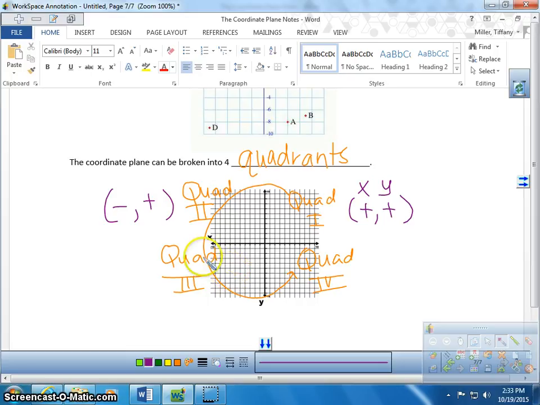In quadrant 3, we know that my x is going to be negative and my y will also be negative. And lastly, in quadrant 4, we know my x is positive and my y is negative.